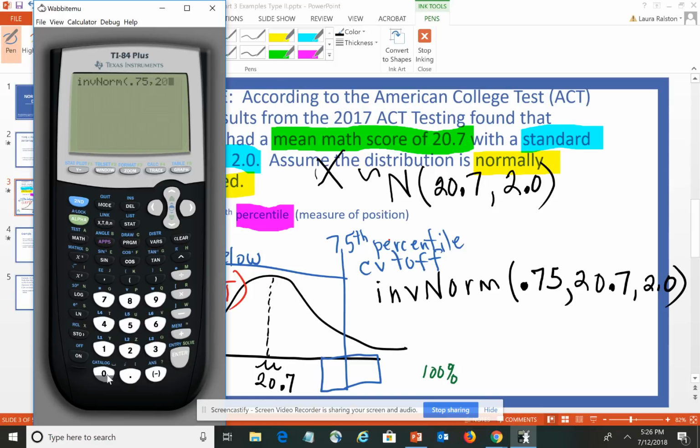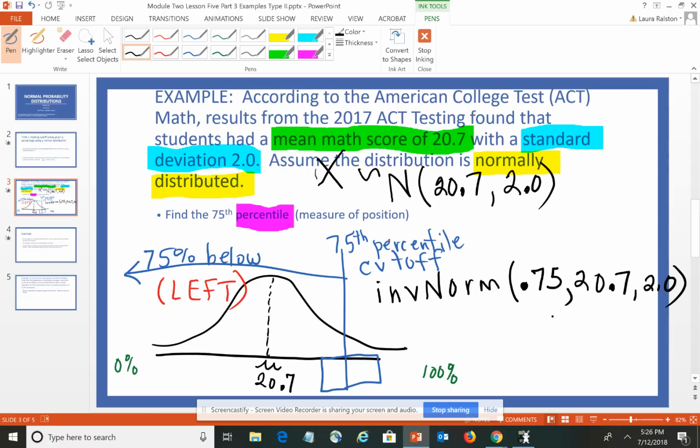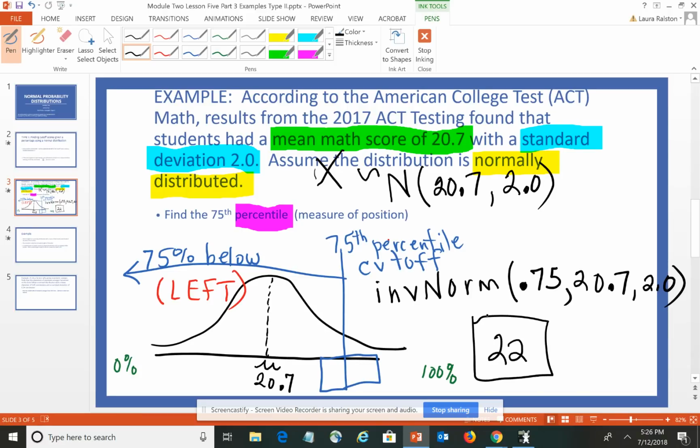My mean is 20.7, and my standard deviation is 2. And I hit enter. And so it tells me that basically if a student scores 22 on the ACT, then they would be in the 75th percentile.